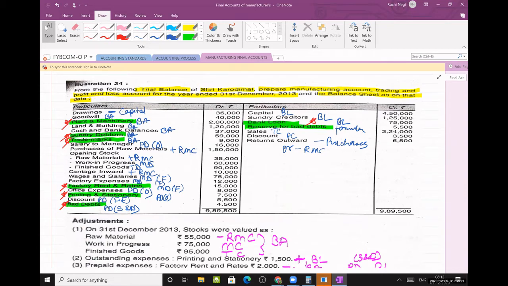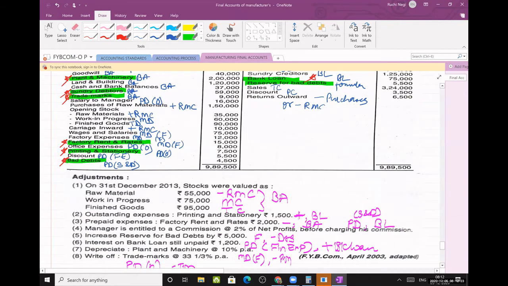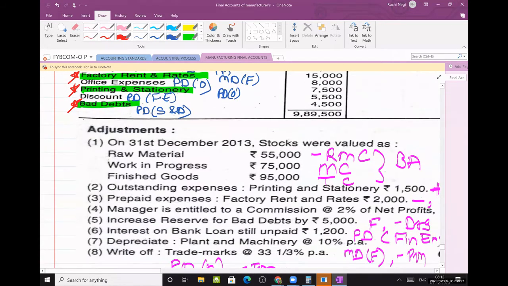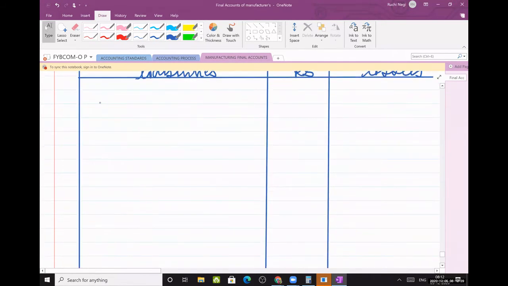You can write in the liabilities: capital less drawings, $46,000.